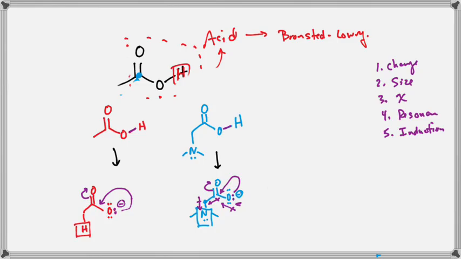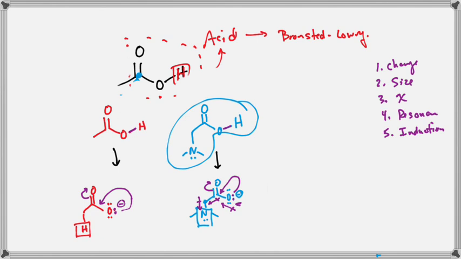What was the question? Which one's the stronger acid? So you just explained why the blue conjugate base is more stable, but you didn't answer the question. What was the question? Which one's the stronger acid? Which one's the stronger acid? The blue structure up top. This is my stronger acid.